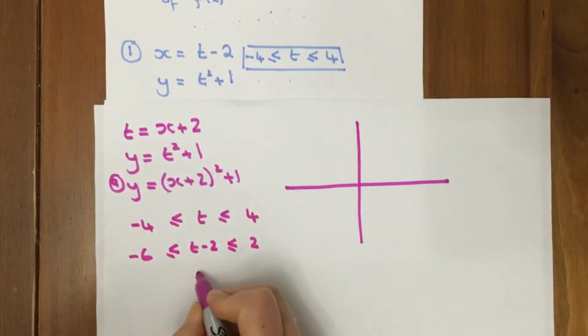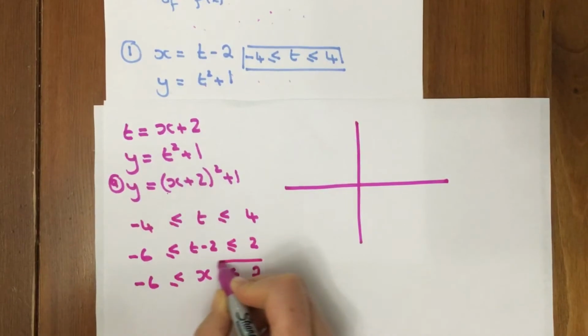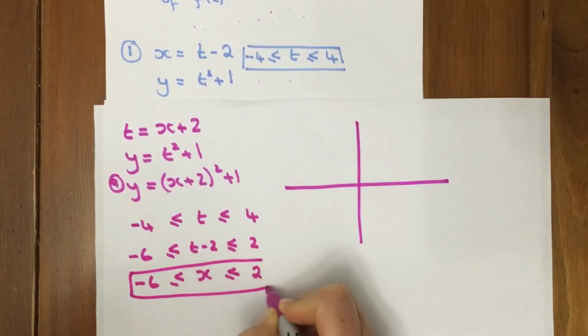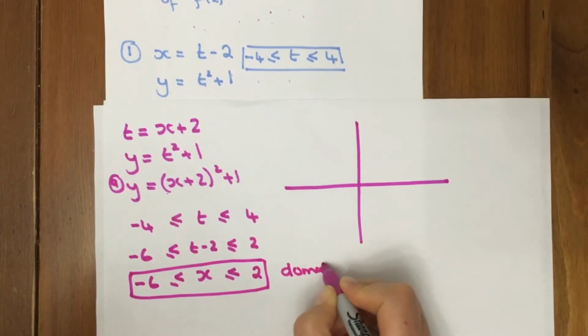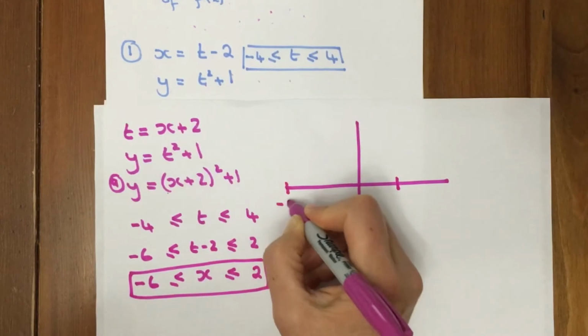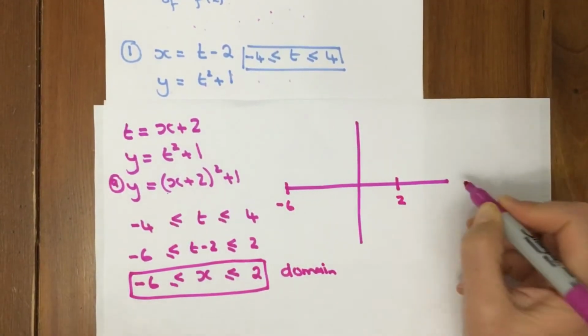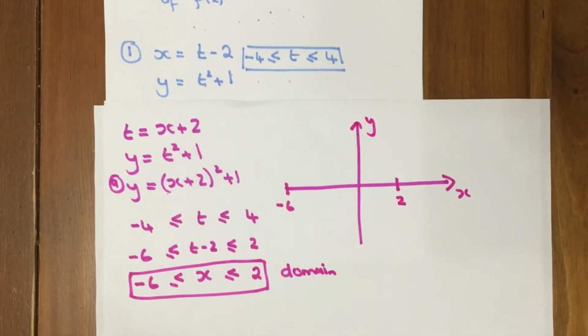So basically my domain for x will be this. So that's how I'm going to sketch it. That's my domain. We'll go from 2 to -6. Okay, so that's my domain for my function.